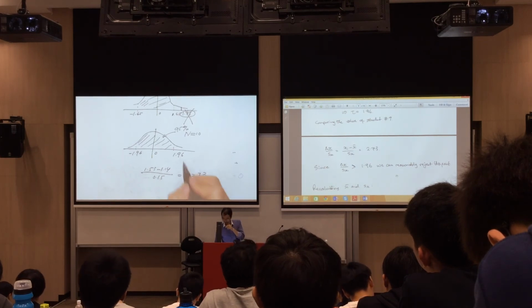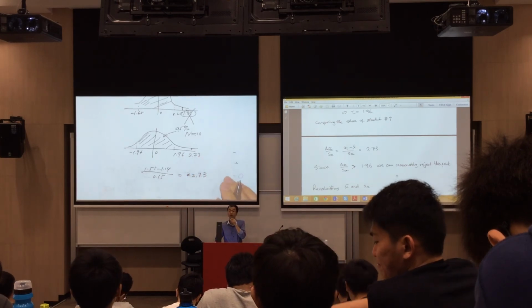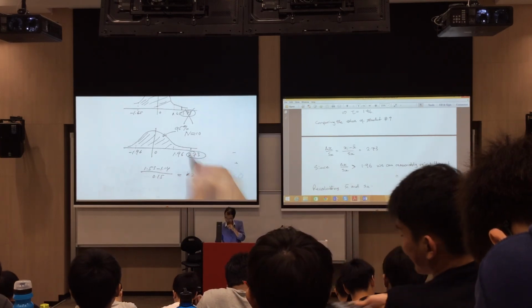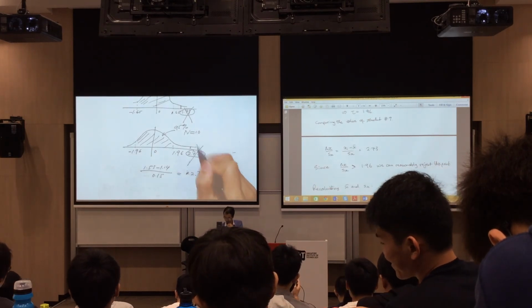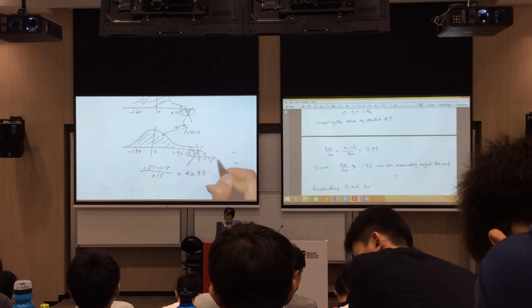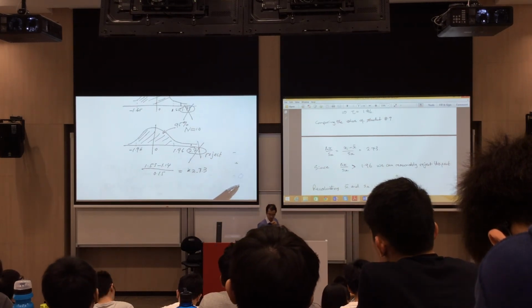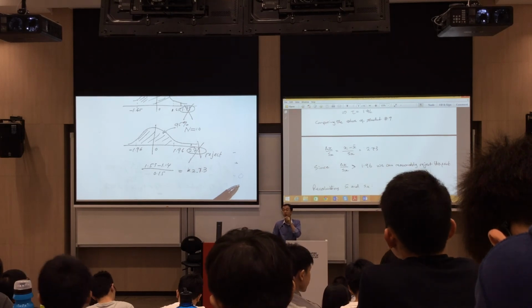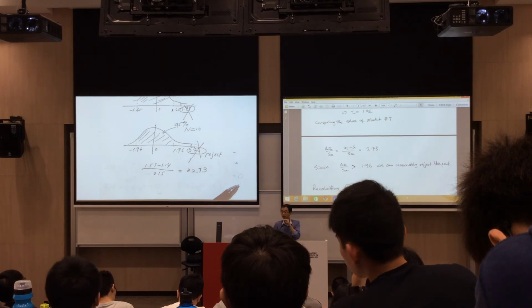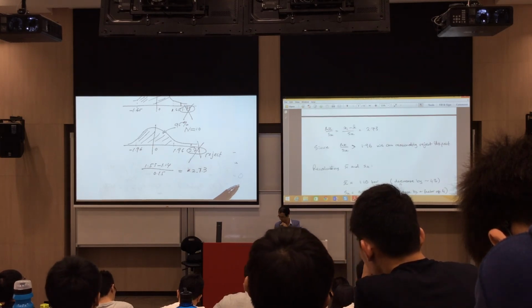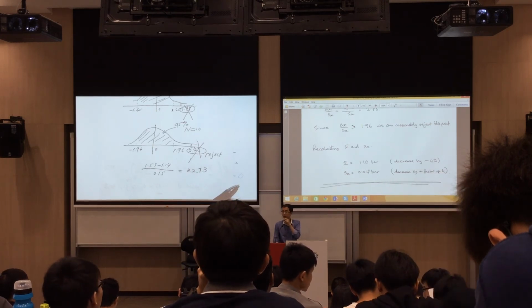So 2.73 is here, which is outside the range. So reject. Okay, so after rejecting this data, now we have only nine measurement data, so you need to recompute the mean value and also the standard deviation.